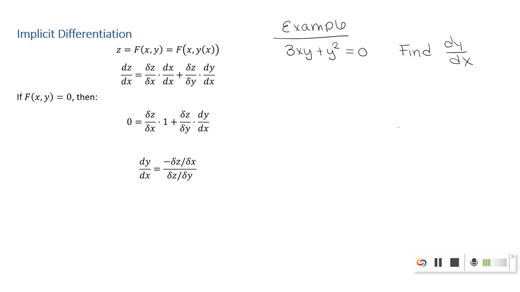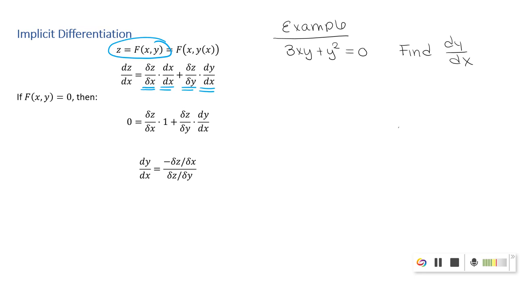So let's say I want to find dz dx. I would find my partial of z with respect to x, and I guess technically times dx dx. And then I'd find my partial with respect to y times dy dx. Okay, so that is just simply my chain rule applied on the function z equals f of x, y.